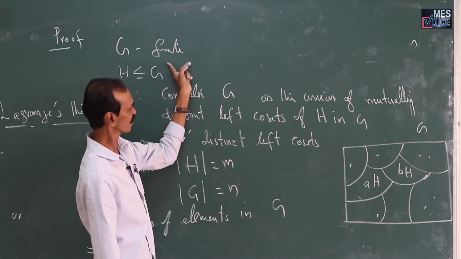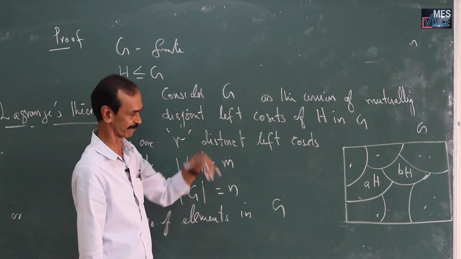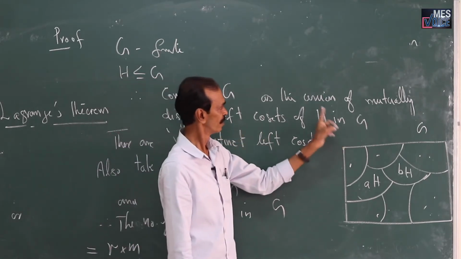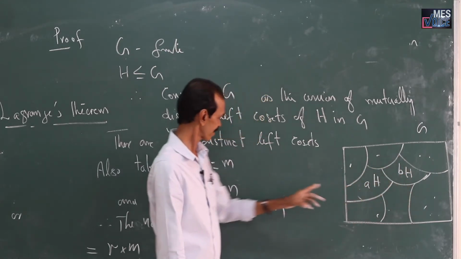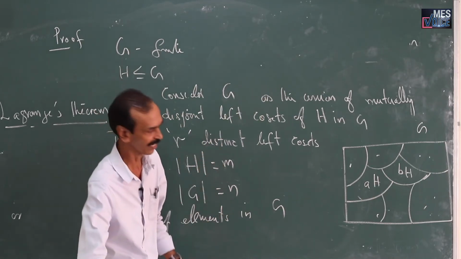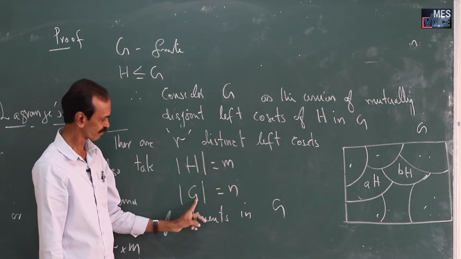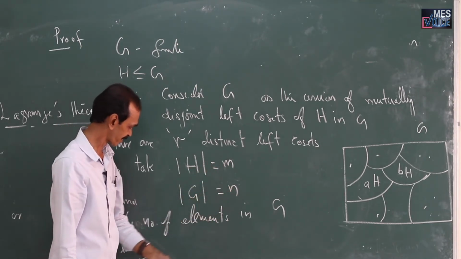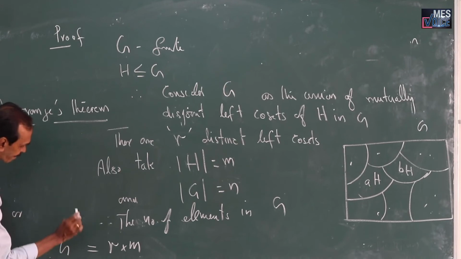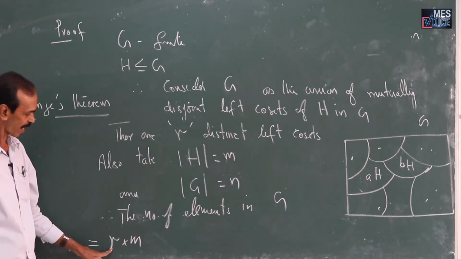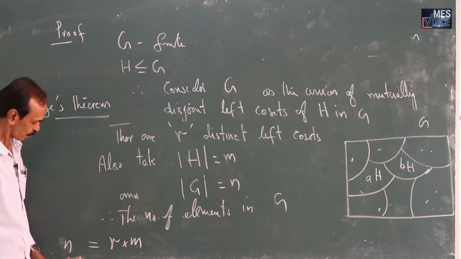So, we make use of the left coset decomposition of G into mutually disjoint left cosets of H in G. Suppose there are R such distinct left cosets, and order of H is equal to M and order of G is equal to N, you will be able to write the number of elements in G, that is N, equal to R into M, where M is the number of elements in H. What does it mean?